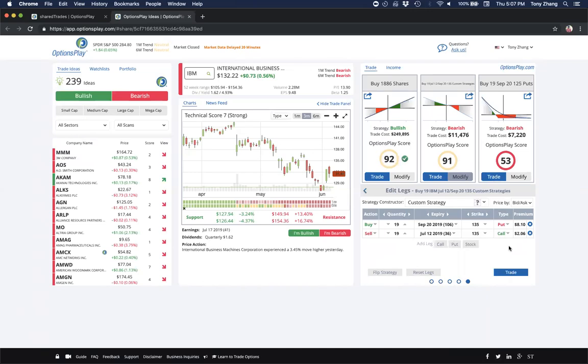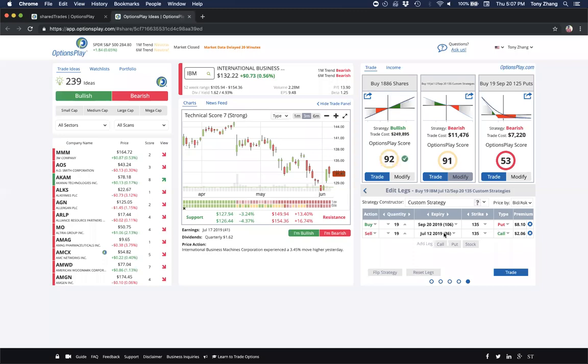As you can see here, between now and July, if I sold the 135 puts, I can collect $2.06 versus paying $8.10 for the puts. So I'm collecting roughly a quarter of the cost of that put in just 36 days. And if I'm expecting the market to move down, selling a 135 put is usually not a problem. This captures a quarter of my hedging costs in about a third of the time.